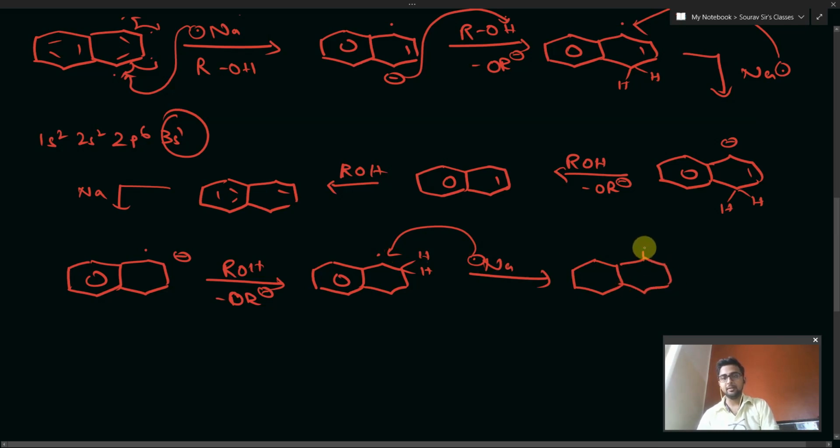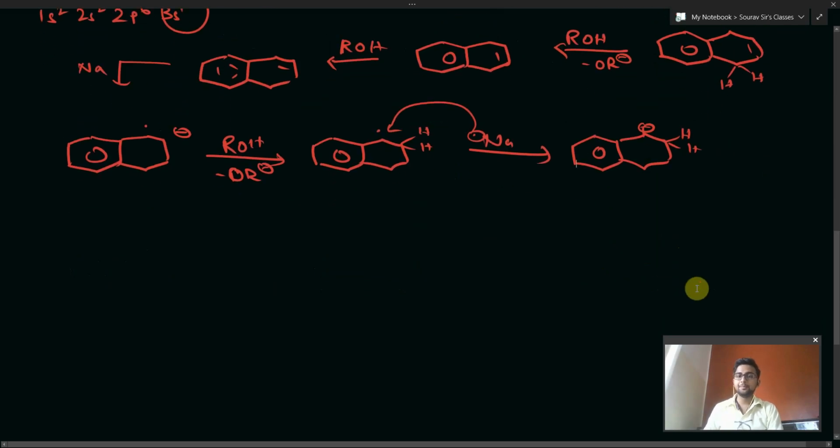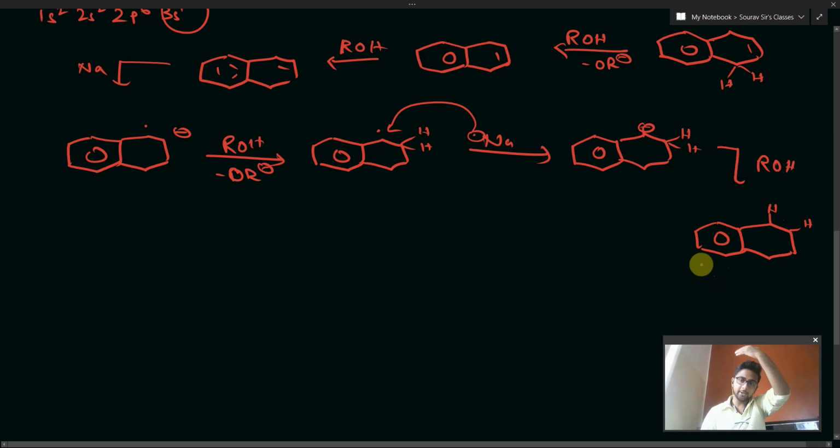Then we have a minus charge over here, the H would be there as it is, and finally ROH will be given with the release of OR minus. I'm not writing it again. So here also H would be formed. So basically 1,2,3,4-tetrahydronaphthalene would be formed.